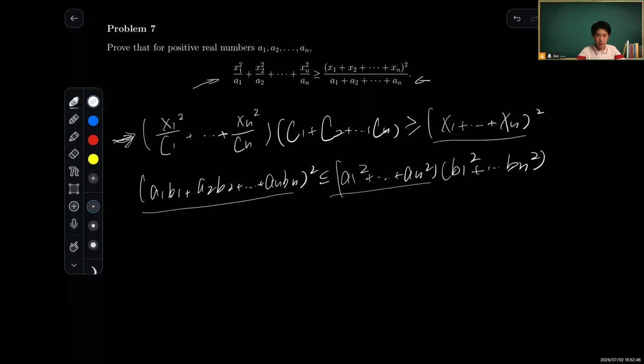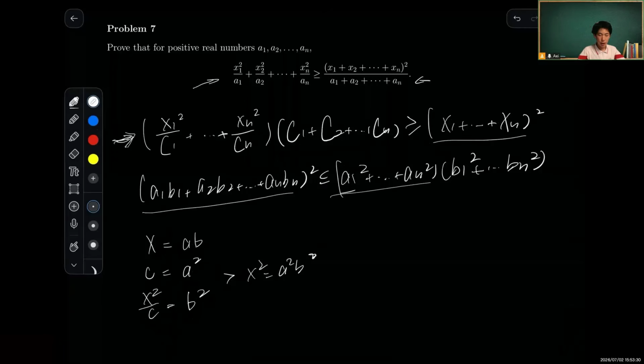So we know that, in theory, x should be equal to a times b. And then we also know that c should be equal to a squared. And then x squared over c should be equal to b squared. This makes sense because if we multiply these two things together, x squared is equal to a squared times b squared. So this correspondence works.